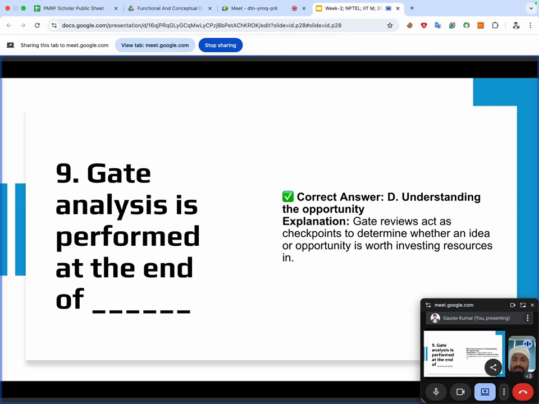So before moving to concept development, the team evaluates the clarity and value of the opportunity. Is it worth solving? Is our customer underserved? Gate analysis at this point helps avoid wasting time on weak ideas by requiring a clear go, kill, or hold decision. So the right answer is D.